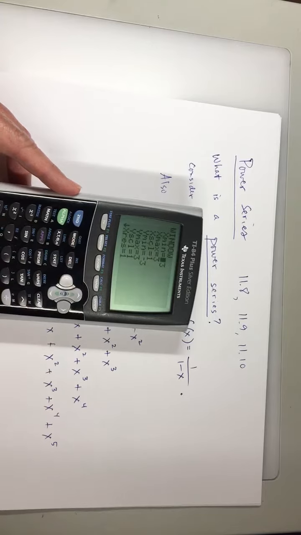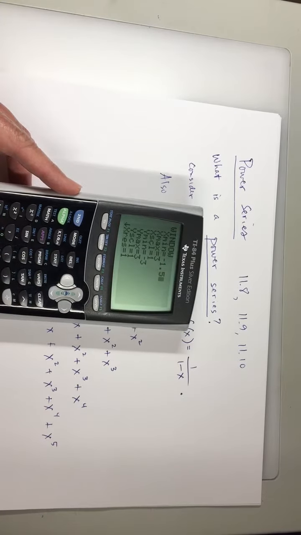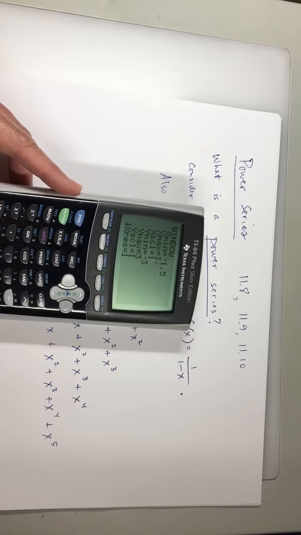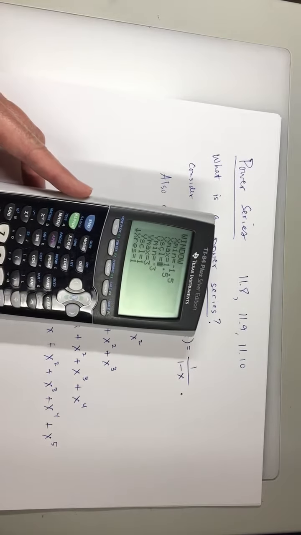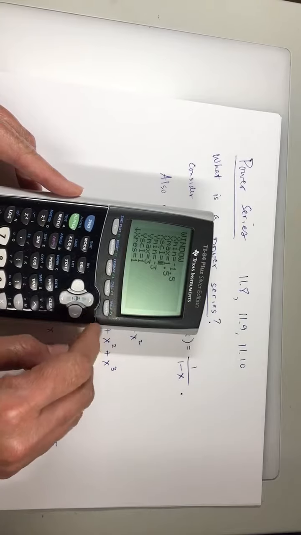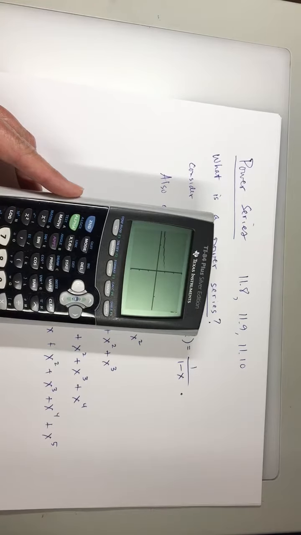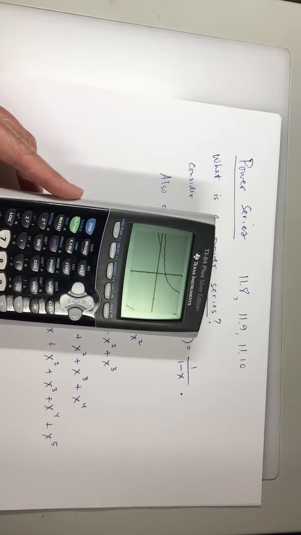Let's try the window -1.5 to 1.5, and I'm going to leave the y's -3 to 3 and hit graph. Here's my f of x. There's my straight line.